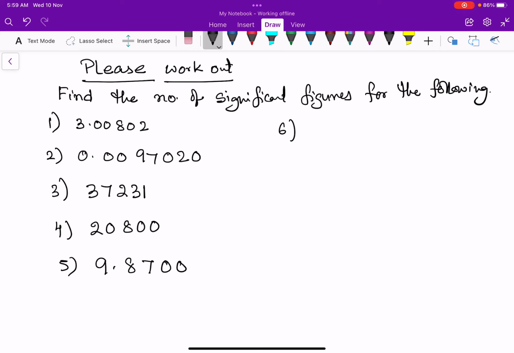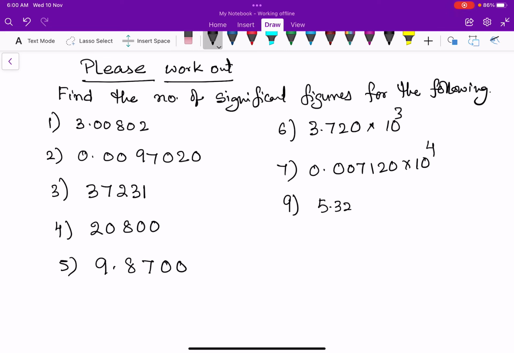Sixth, 3.720 into 10 power 3. Next, 0.00712 into 10 power 4. Next, 5.327 into 10 power 3. Next, 1.00120 into 10 power 4.